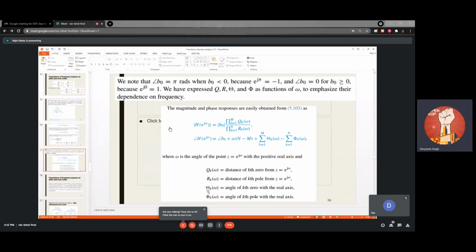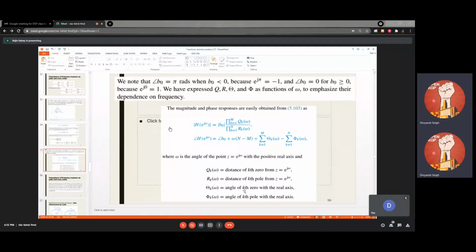So capital theta, capital phi, they are the angle of the kth zero with the real axis, and the angle of the kth pole with the real axis. I hope you have noted this down.